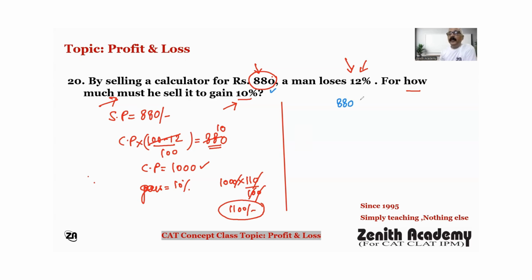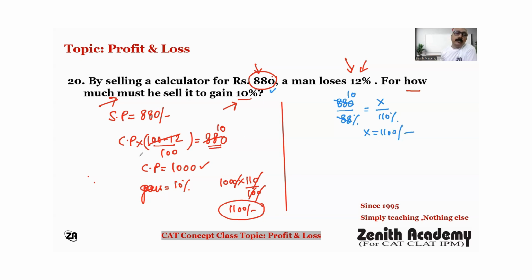So 880 is 88% of the cost price. How much must he sell it to gain 10%? So 880 is actually 88%. So what is equal to 110%? Okay, direct calculation. x is equal to 1100.